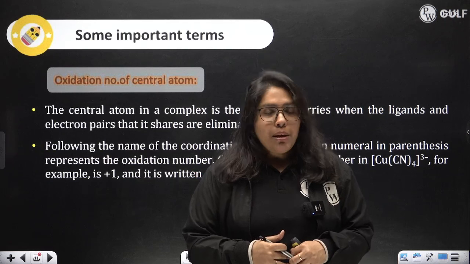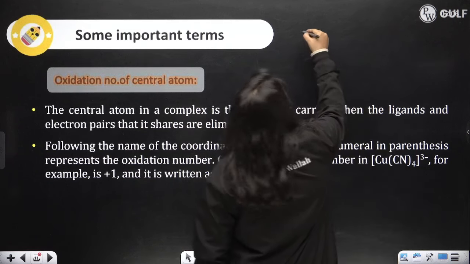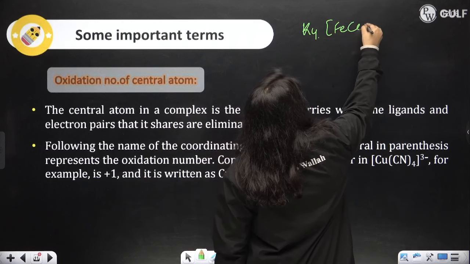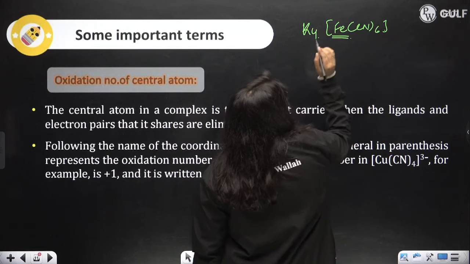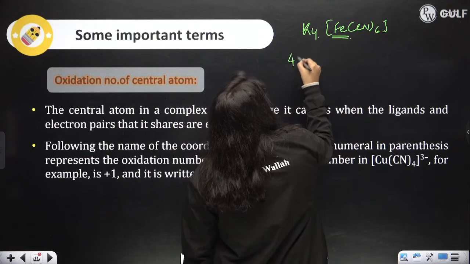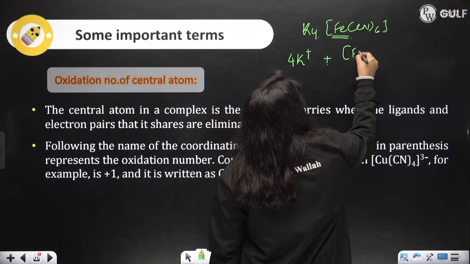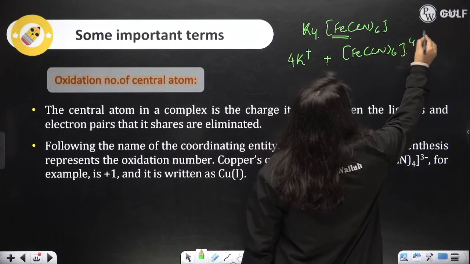For example, we just learned K4[Fe(CN)6]. Now I want to know the oxidation number of iron. How will I know that? I know K4 dissociates as 4K+ and [Fe(CN)6]4-.